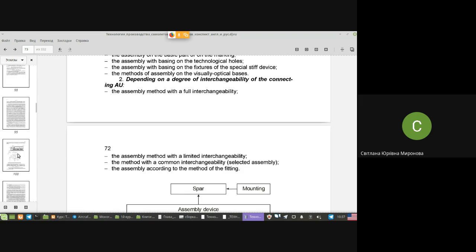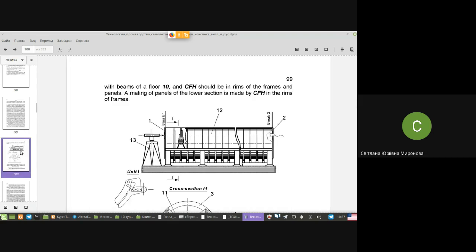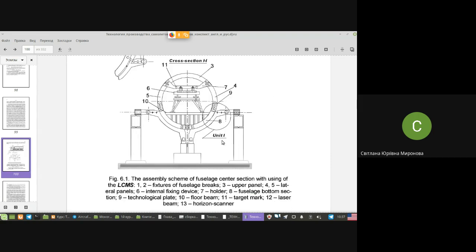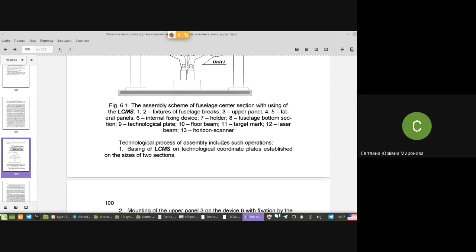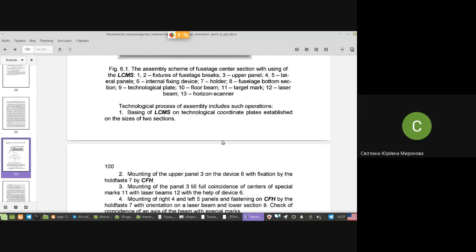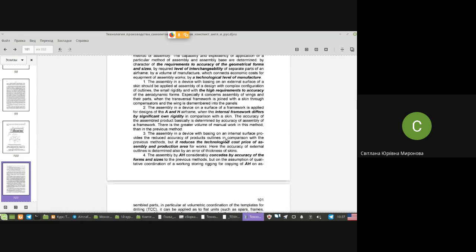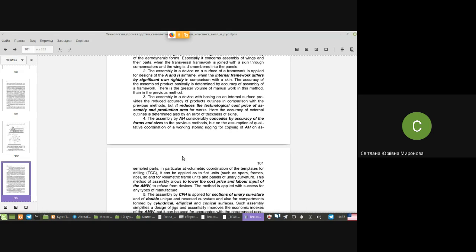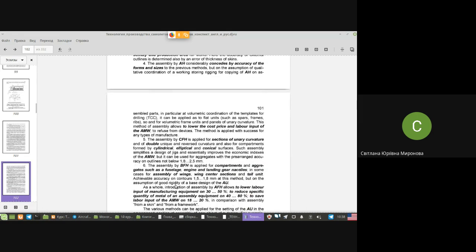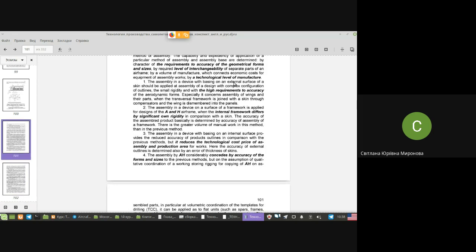Sorry, it's after, or you see the picture now about visual basis. It's after all the techniques of assembling have been explained, and here it's given some comparison of different assembly methods. In this comparison, you may find this method mentioned. Assembly by CFH, assembly by BH, assembly in a jig with locating to outer surface, and so on.